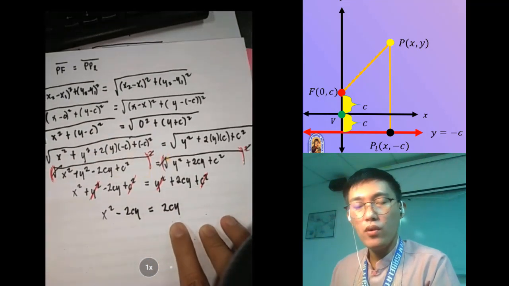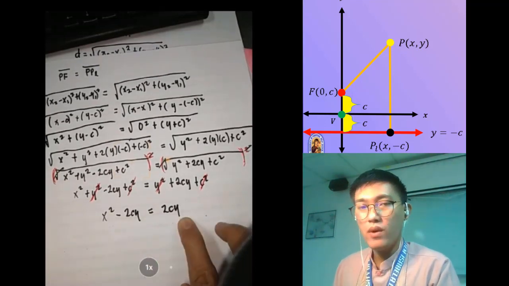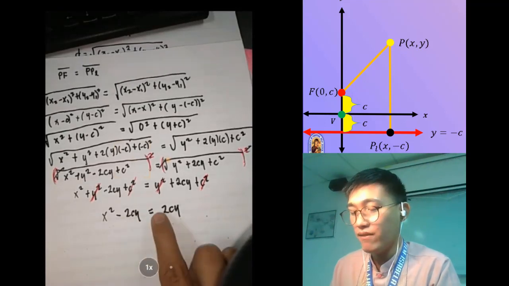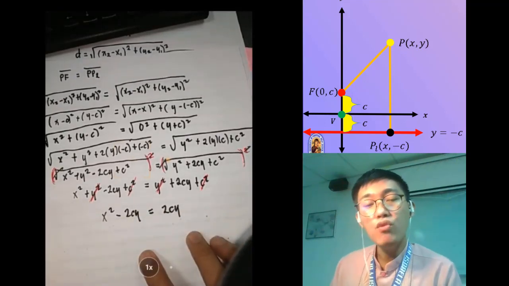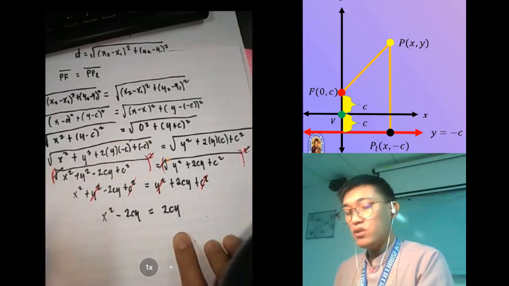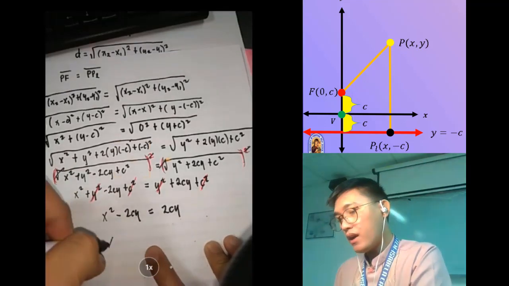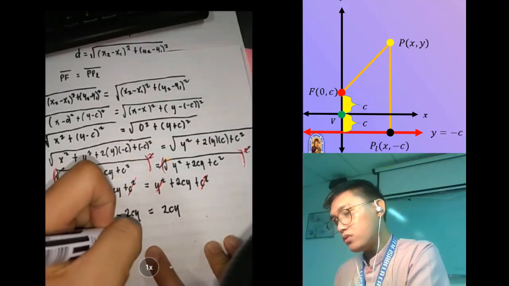What we are going to do is to combine like terms. Negative 2cy and 2cy are like terms. We don't cancel them because they have different signs. So we'll just move one variable, this one, to the right to make it positive by applying the addition property of equality. X squared is equal to 2cy.